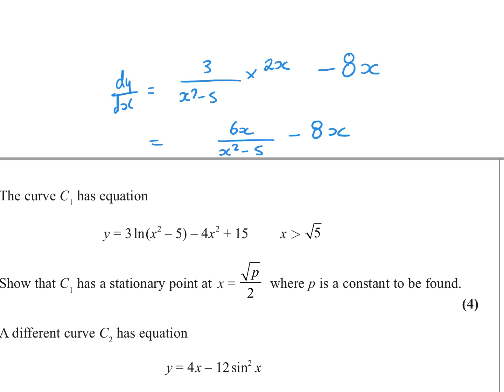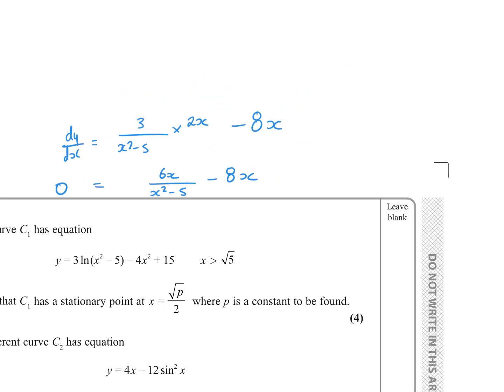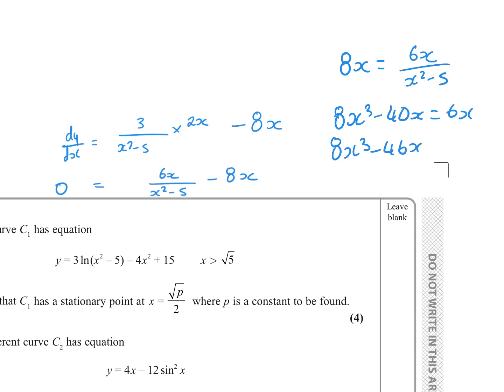Now I'm going to put this equal to 0 and solve this to find x, so 8x equals 6x over x squared minus 5. If I multiply by x squared minus 5, I'm going to get 8x cubed minus 40x equals 6x. 8x cubed minus 46x equals 0. x bracket 8x squared minus 46 equals 0.